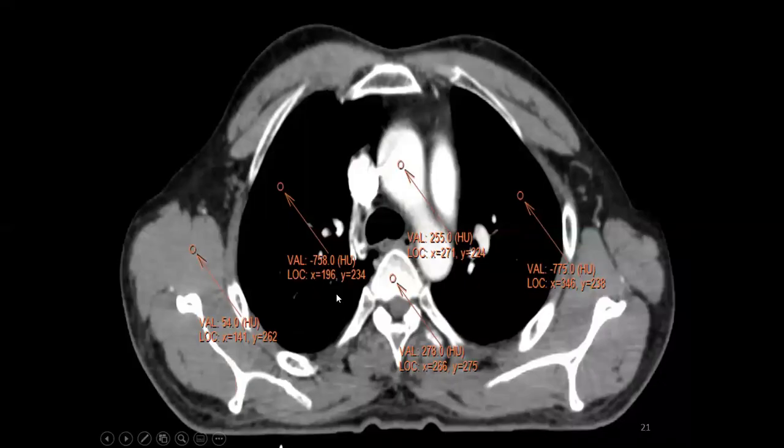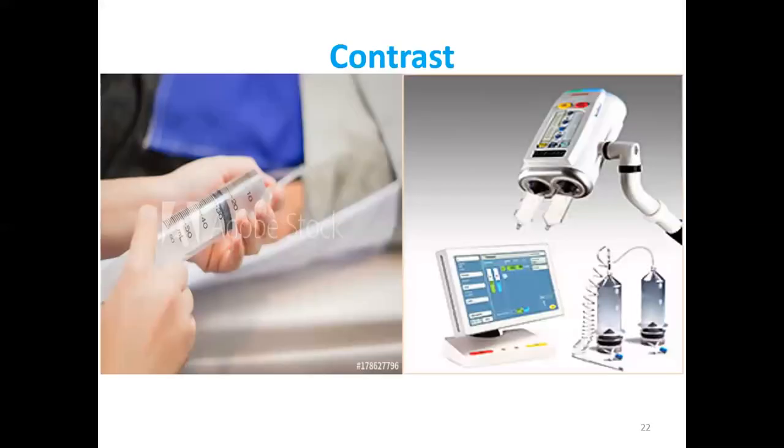Here the Hounsfield unit of contrast agent in a blood vessel is 255, air cavity in the lung minus 775, bone 278, and soft tissue 54. So you can measure and differentiate easily between soft tissue, water, bone, or contrast agent.